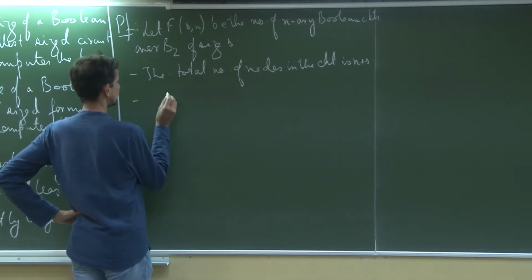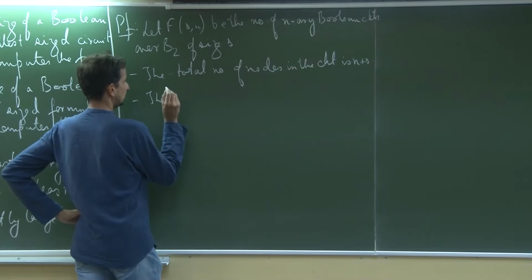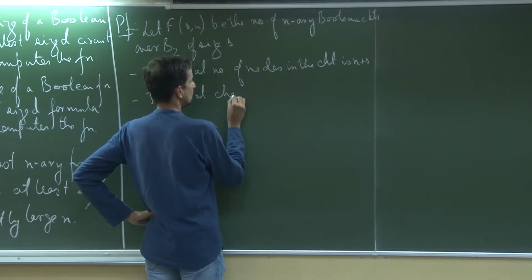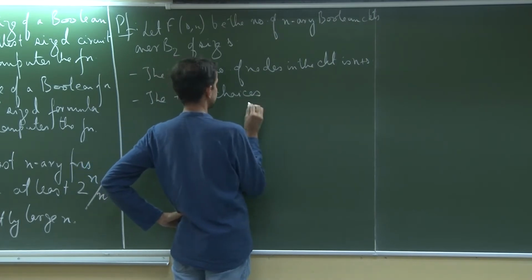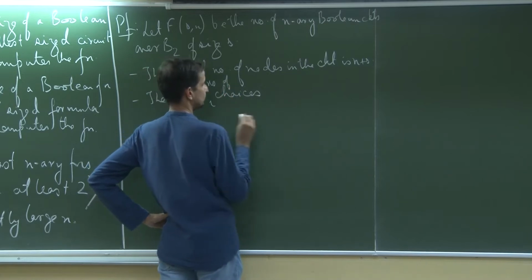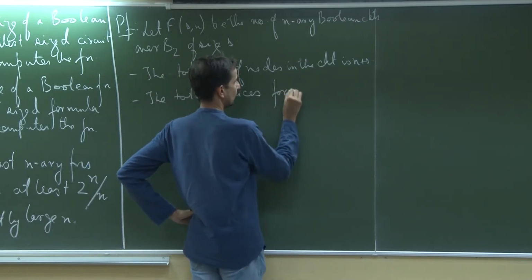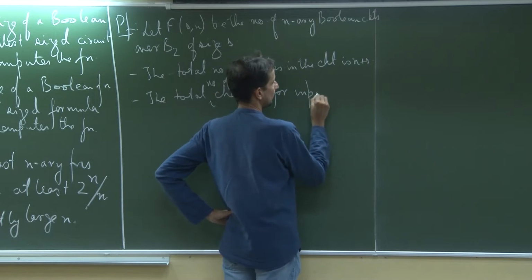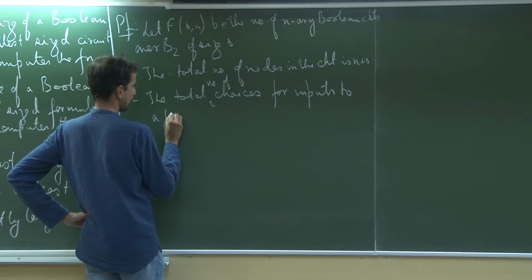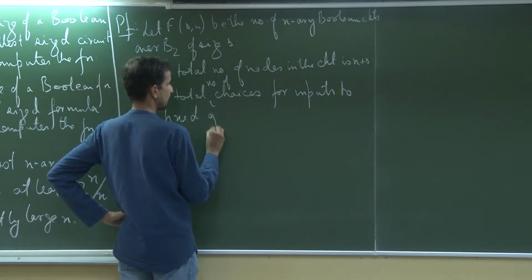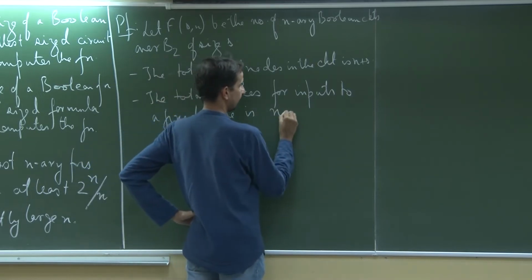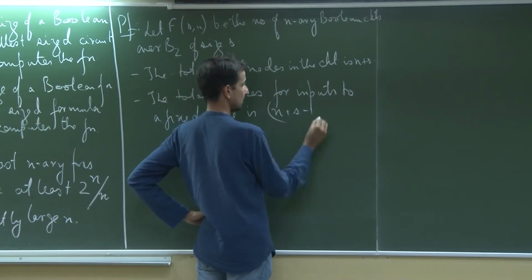So, the total number of choices for inputs to a fixed gate is n plus s minus 1.